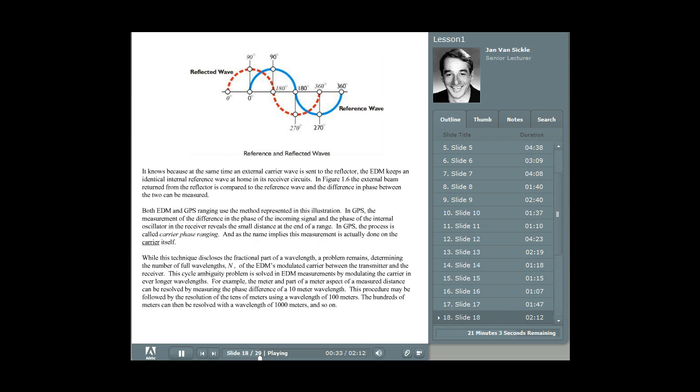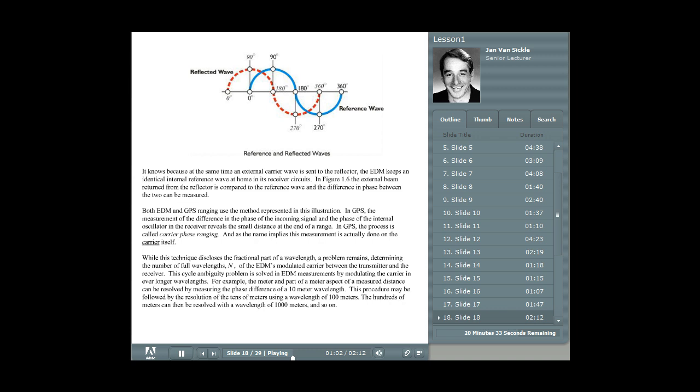For example, if we sent out a wavelength of 100 meters with an EDM, then by knowing the fractional part of that 100-meter wavelength, it would be possible to determine the tens of meters of the distance. The hundreds of meters of the overall distance could be resolved by sending out a wavelength of 1,000 meters and then doing this phase comparison that you see in this slide.